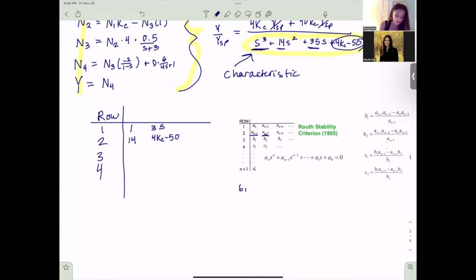For b_1, we have, if you follow along, it's 14 times 35 minus 1 times that big constant 4Kc minus 50, and this will all be over a_2, which is 14. So we can simplify this down to (540 minus 4Kc) over 14. So that's what goes right here.